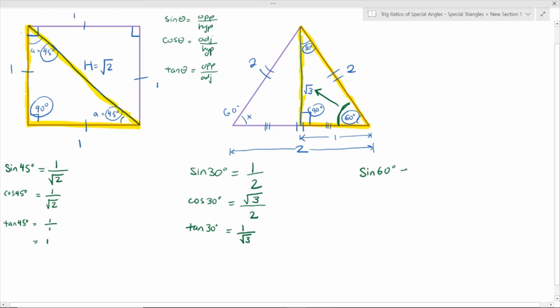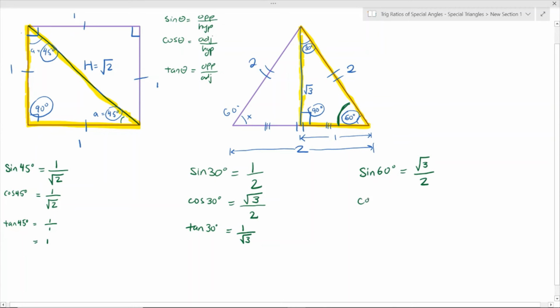The hypotenuse is going to be 2, because it's the longest side in this right angle triangle. So opposite over hypotenuse is square root of 3 over 2. This is sine 60 degrees.